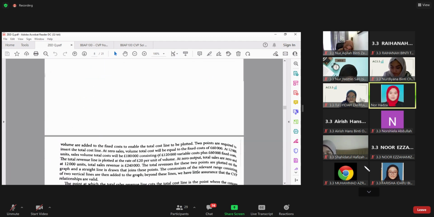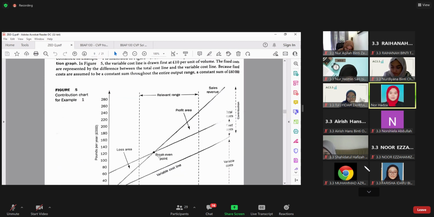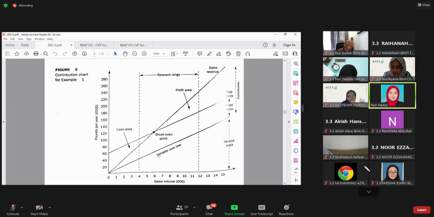The second graph is the contribution graph. So this is how the contribution graph looks. Just now there was a line for the fixed cost, but under this contribution chart, there is no line for the fixed cost.